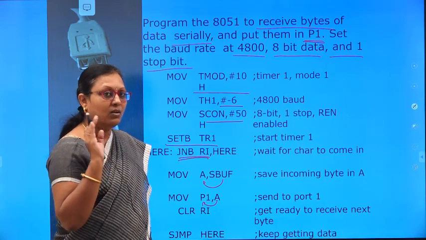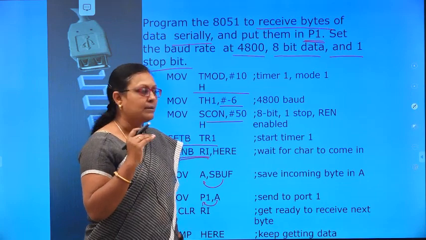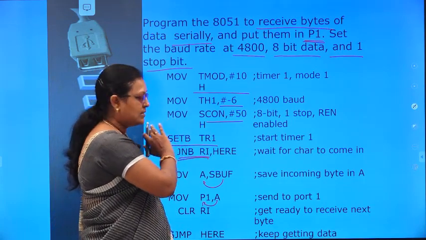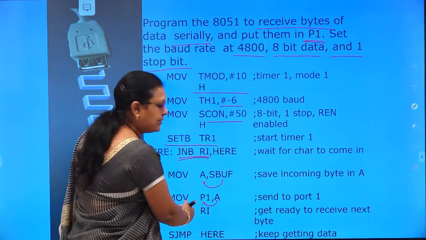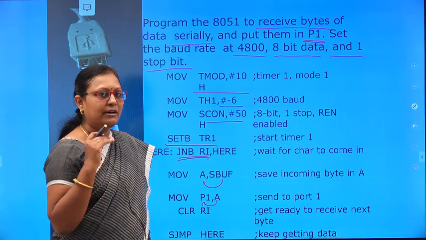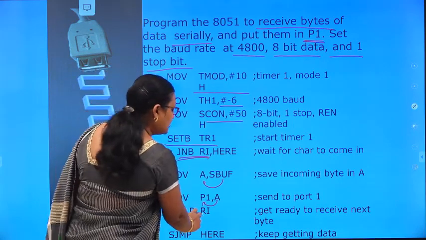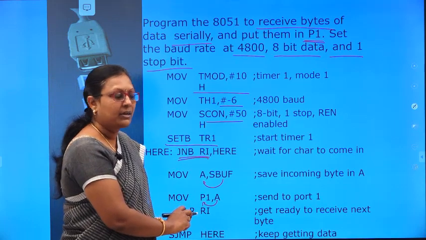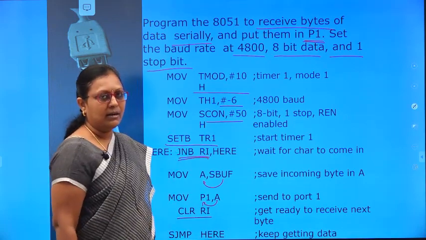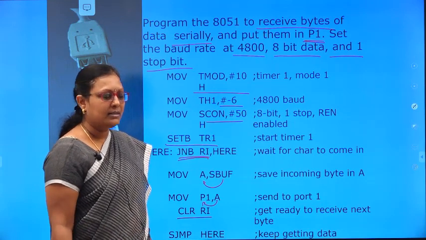After receiving the data in P1, who is the sender? The sender is the host system, and the receiver is port 1. If it receives properly, the RI bit will be set, and after that we clear the RI bit by the instruction CLR RI, that is the receive interrupt.